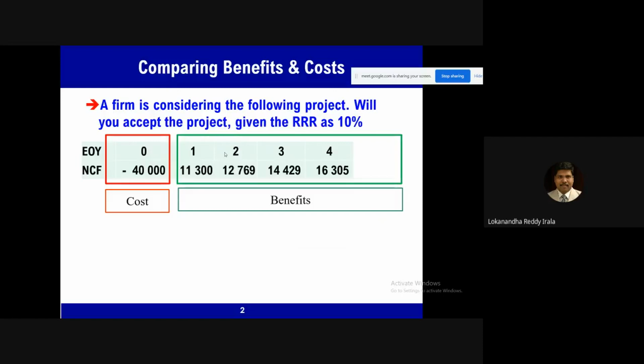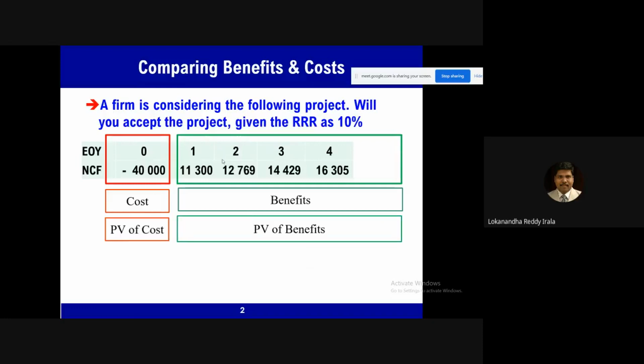But as students who know the time value of money, we are not going to compare the total benefits with the total cost. Rather, we have to compare the present value of benefits with the present value of cost. That's where we respect the time value of money, and hence these are called discounted cash flow techniques.